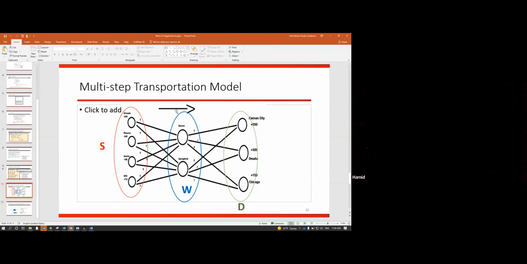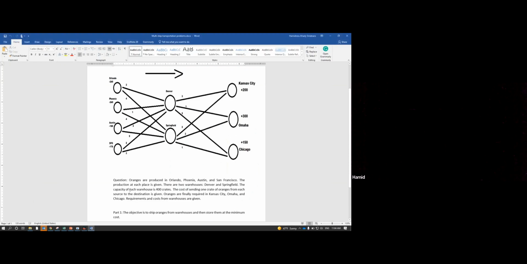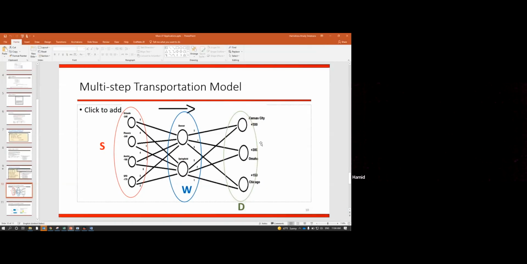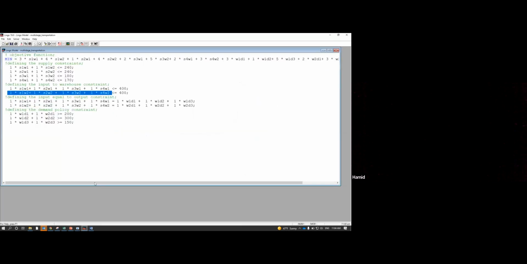So for the first warehouse, S1W1, S2W1, S3W1, S4W1, the summation of all should be less than 400. This is in the problem: the capacity of each warehouse is 400. So we consider these two equations for each warehouse.